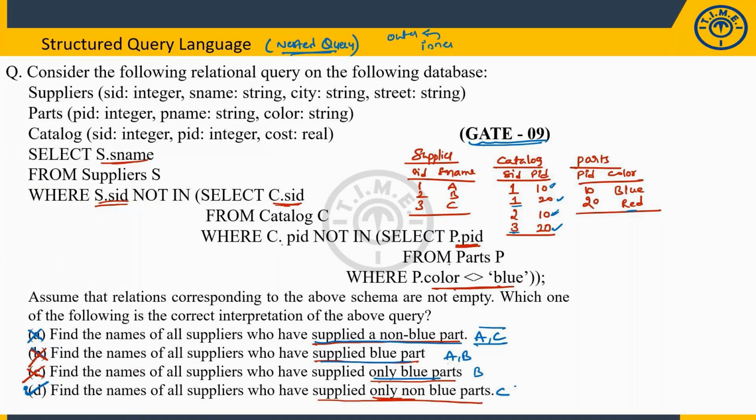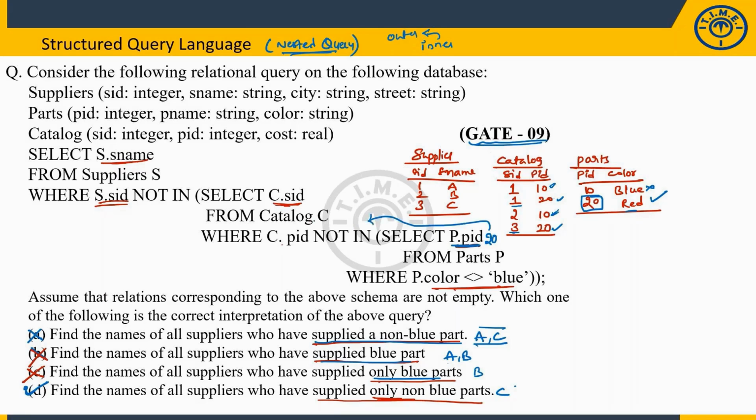Now, the innermost query, look. Select part ID from parts where color not equal to blue. Color not equal to blue: false, it is true. So part ID 20 you can see in the output of this innermost query, because the inner query is going to be executed first. And this result will be given to the outer query.